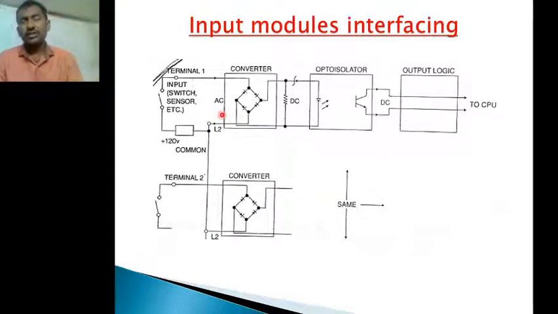Whether the signal is sensed by a sensor, switch or any transducer, and whether it is AC or DC, we have to convert it to DC, that voltage is regulated by the Zener diode, isolated by the opto isolator, and the signal is sent to the CPU with the help of the output logic. This is the operation of the input module.